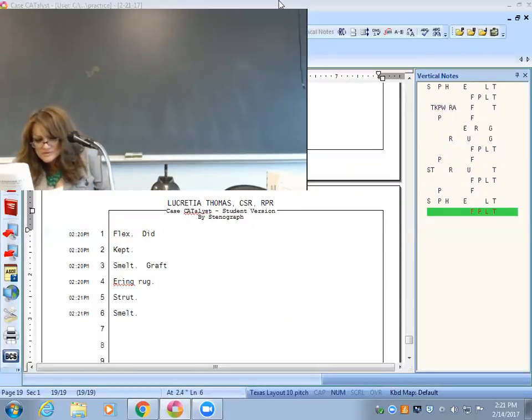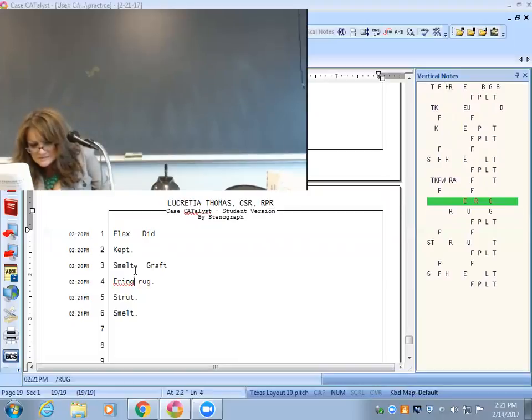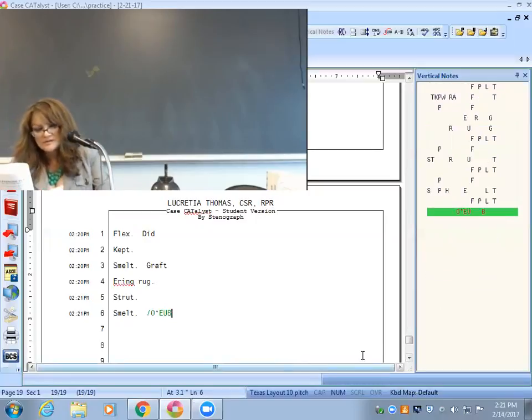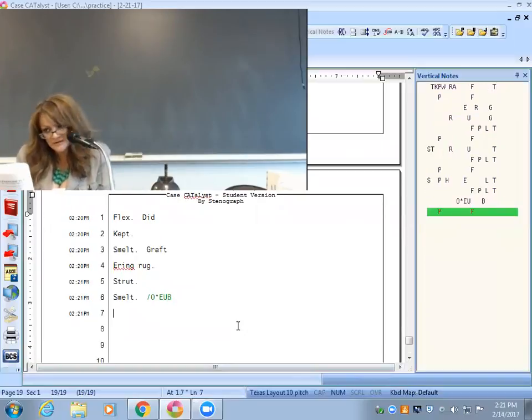Let me see, what was before graft? Graft, rug? Just a minute. Oh, okay. Smelt. Sorry, some of these extra little strokes are coming out in there.